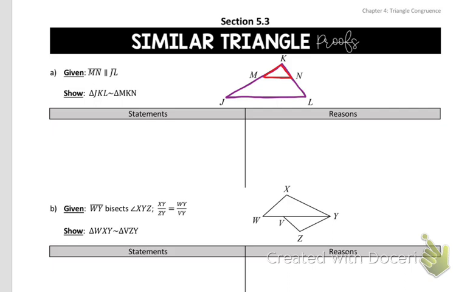Got to prove that those are similar. Well, they do have a given. If you're not getting the given right on the test, I don't know what's happening in class. All we have to do is write what it says. MN is parallel to JL, and that is my given. So maybe I'll come up here and I'll draw my parallel lines.